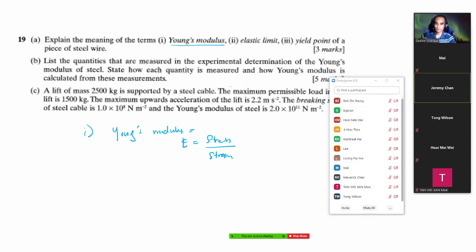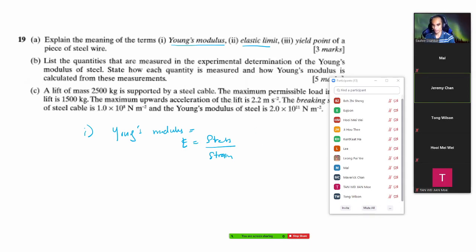Elastic limit. What is it? After the wire is stretched and the load is removed, the wire can come back to its original size, original form.